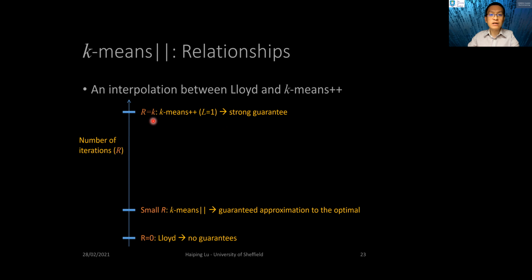You can verify that from the distribution, because with L equal to 1 you are doing the sampling exactly the way k-means plus plus does. In this case, you have a strong guarantee that this will be a very good approximation to the optimal solution. So that is the k-means parallel algorithm.